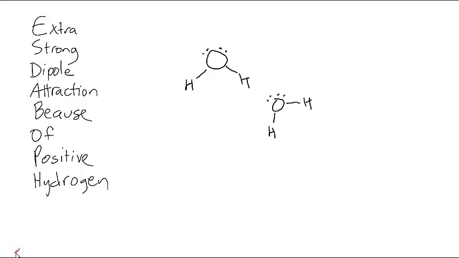Now, if I draw this dotted line right here, those are not electrons. That's a dotted line. This is an Estebov. It is a connection between molecules where one molecule is attracted to the other.